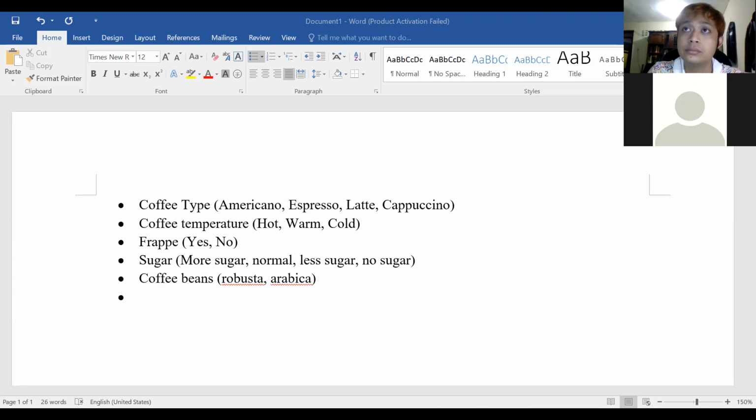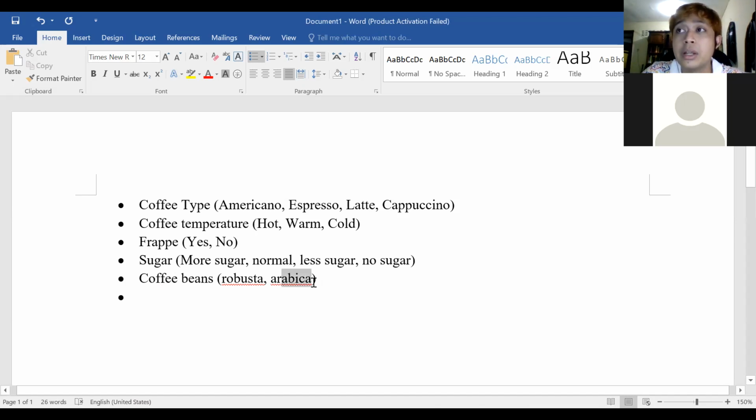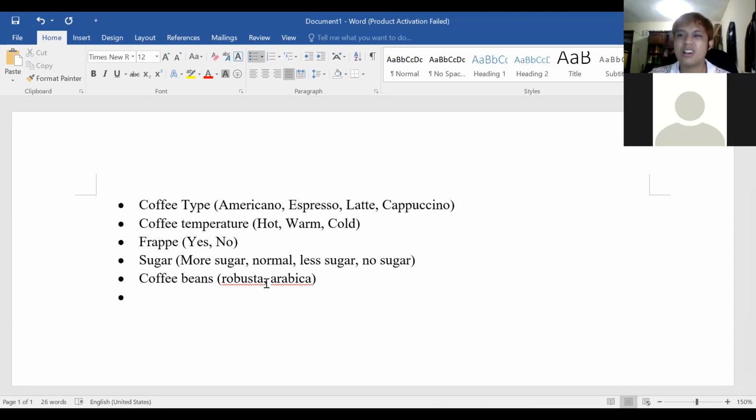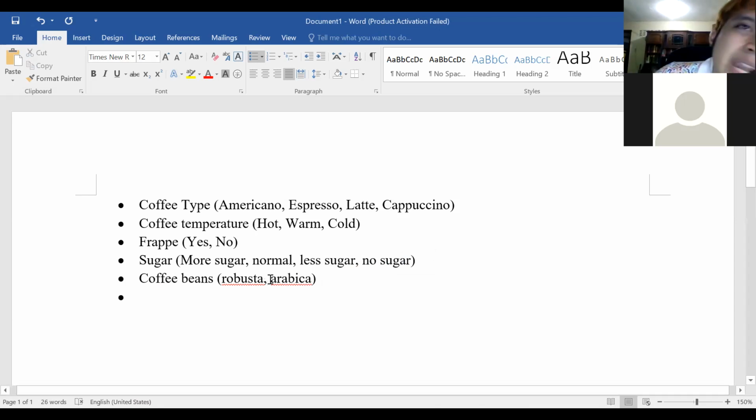Arabica is usually sweet, but Robusta has a stronger tone, like grain. Arabica is sweeter, Robusta is stronger. Which one do you like?